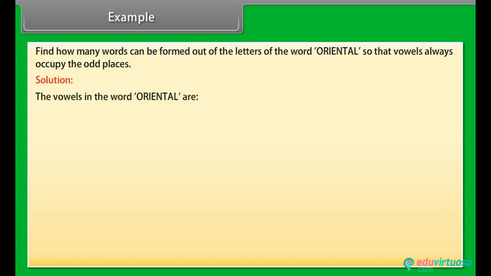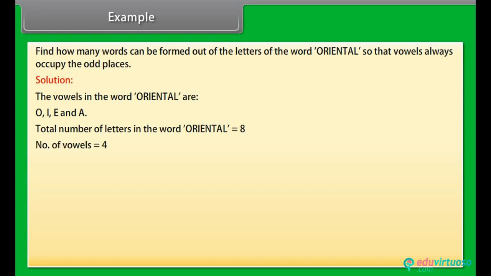The vowels in the word Oriental are O, I, E and A. Total number of letters in the word Oriental is equal to 8. Number of vowels is equal to 4.